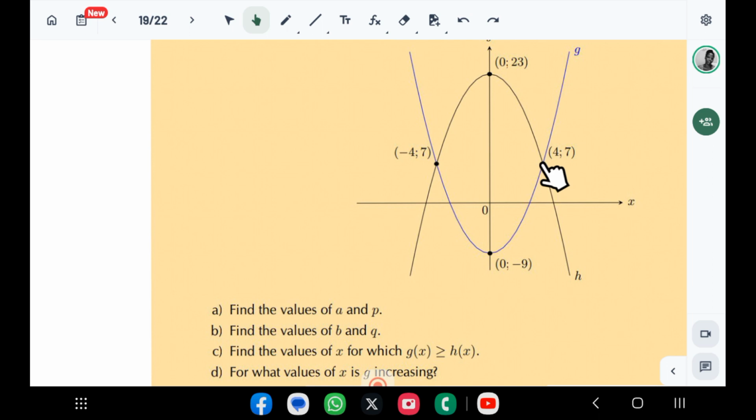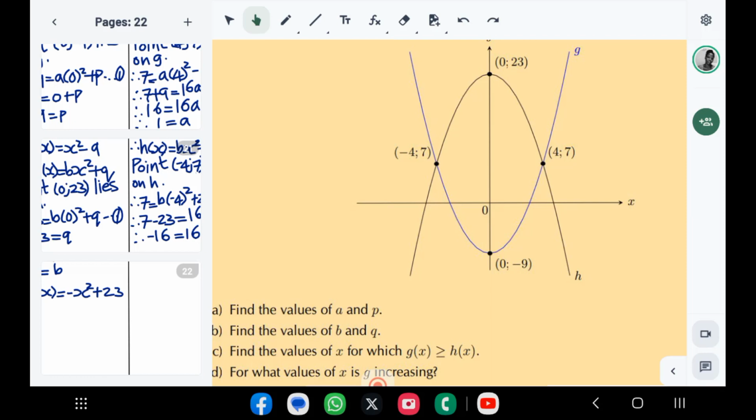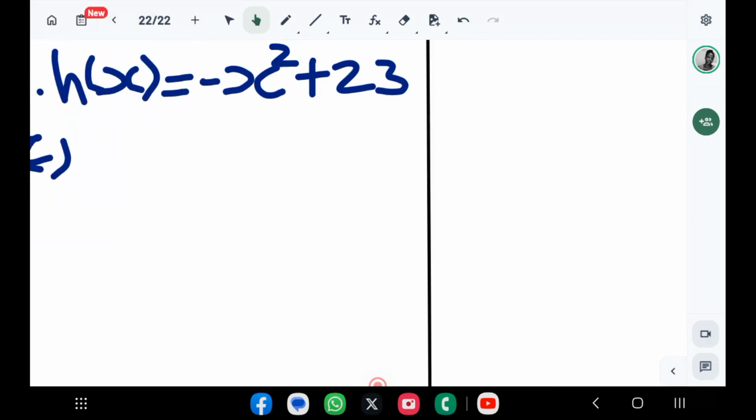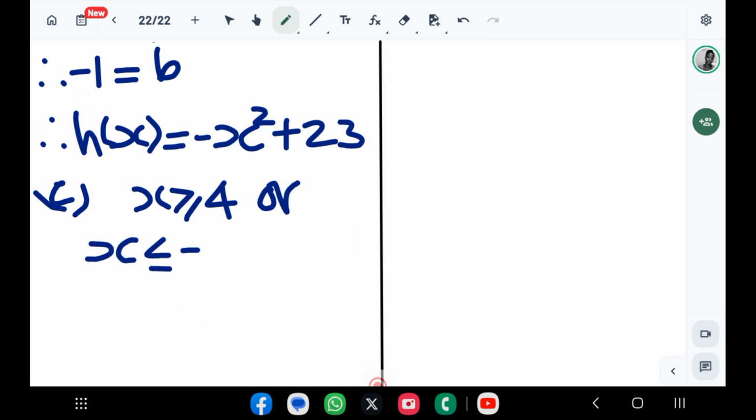At x equals 4 and greater than 4, and to the left of negative 4, that's where the graph of g lies on top of the graph of h. That's how you figure that one out. x is greater than or equal to 4, or x is less than or equal to negative 4. Those are the values of x.